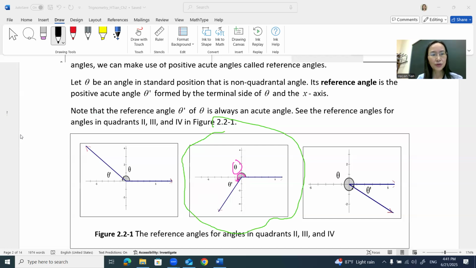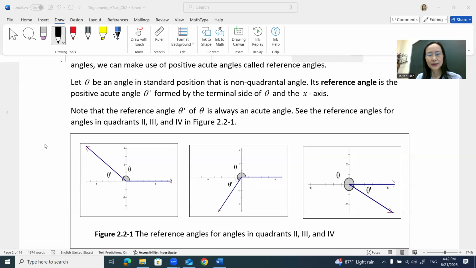The reference angle is the acute angle formed by the terminal side and the x-axis. So this one, I had it in blue, the theta prime is that acute angle. So you look for the acute angle formed by the terminal side and x-axis.